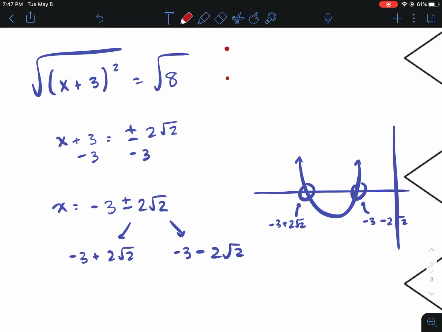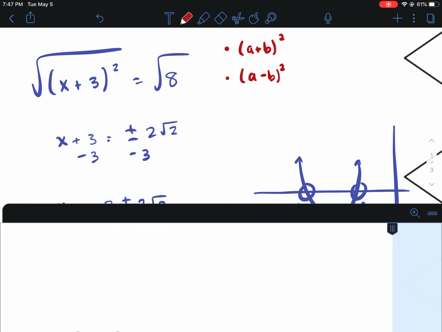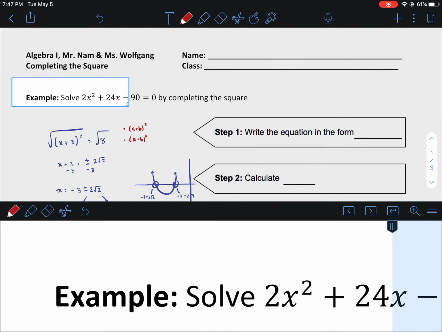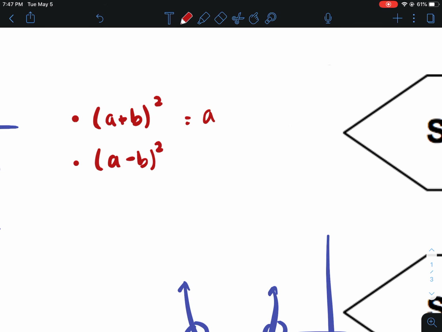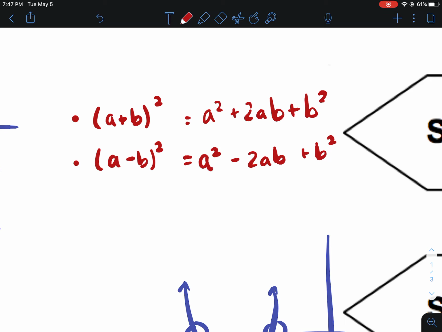And just a quick recap, our perfect squares are these polynomials, right? A plus b squared, a minus b squared, is equal to a squared plus 2ab plus b squared, and then a squared minus 2ab plus b squared, okay?